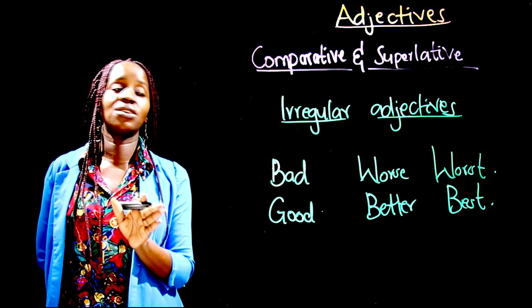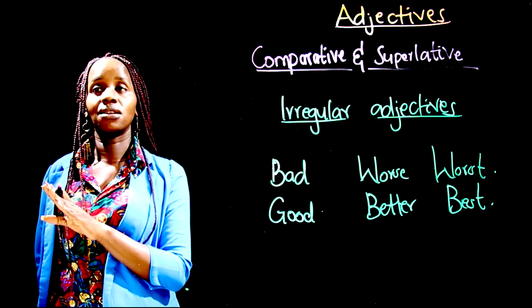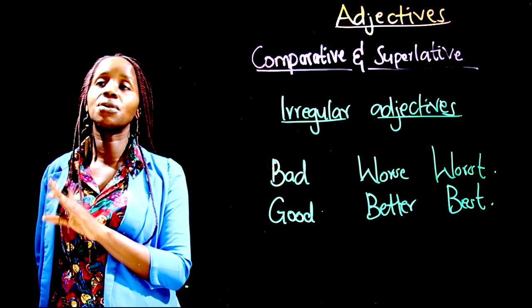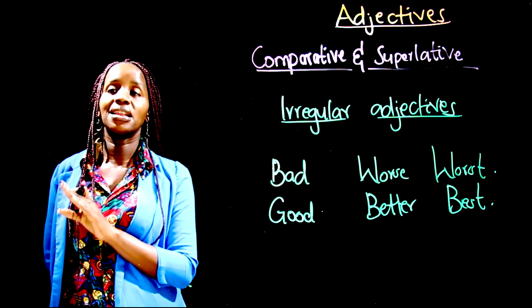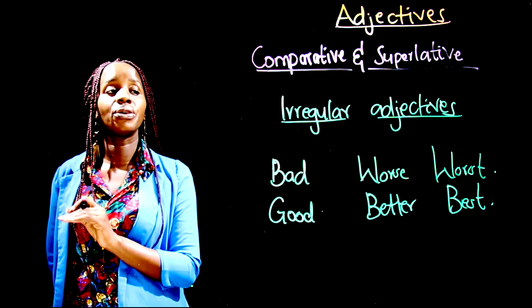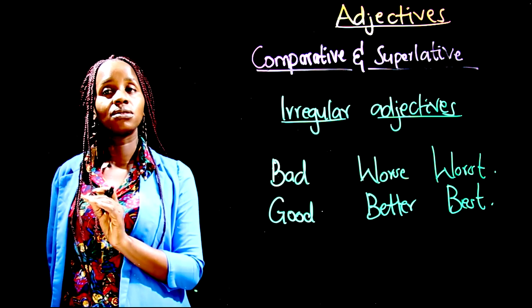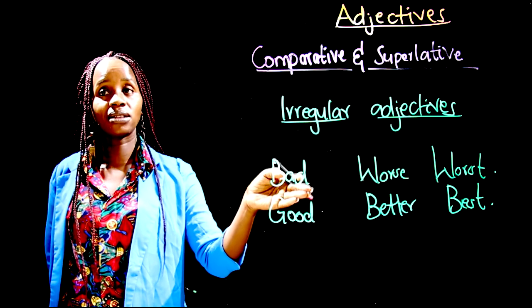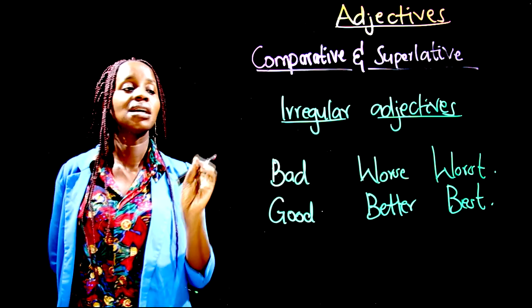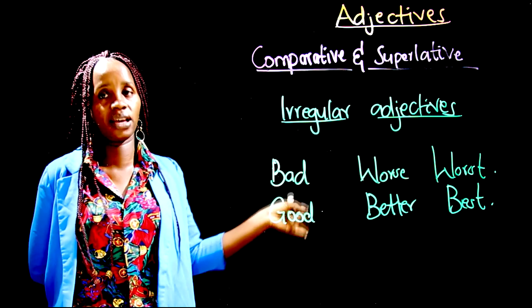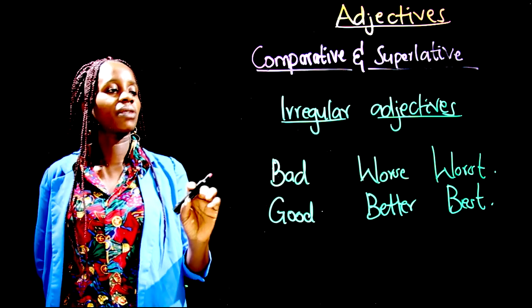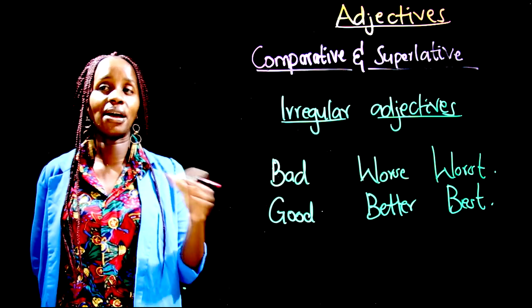However, for irregular adjectives, we still use the same prepositions that we used when we were looking at regular adjectives. For example, when you're talking about worse, you'll use "she's worse than", okay? You'll use "than" because you're comparing two.